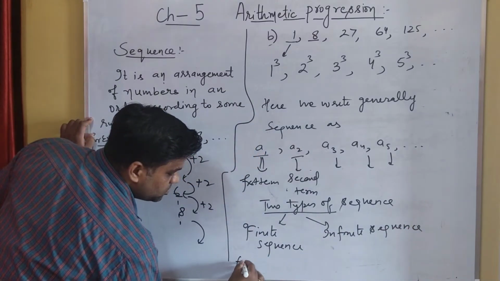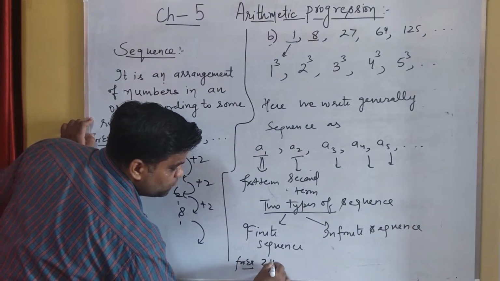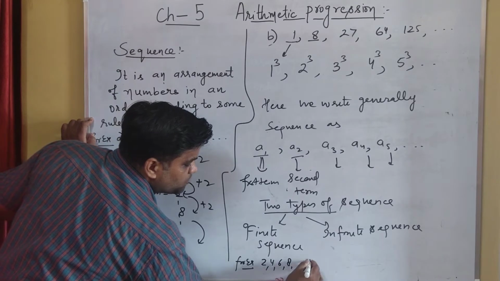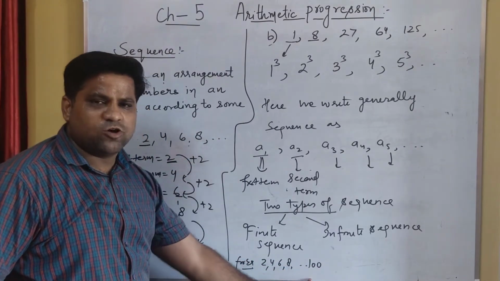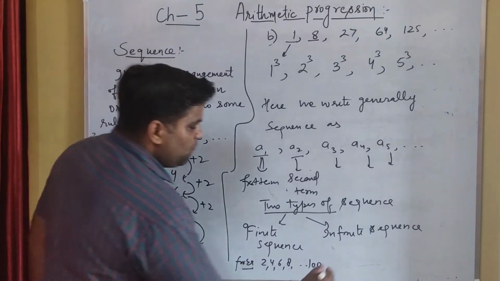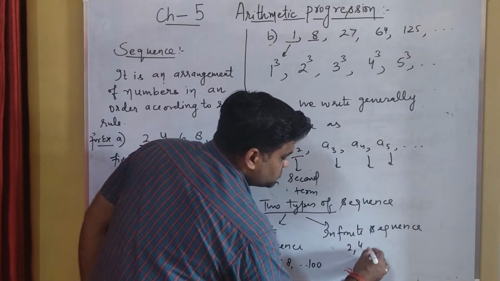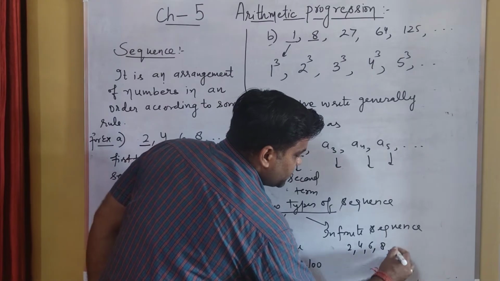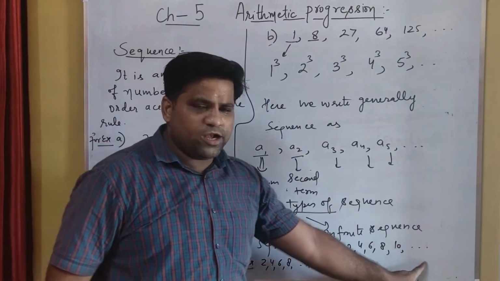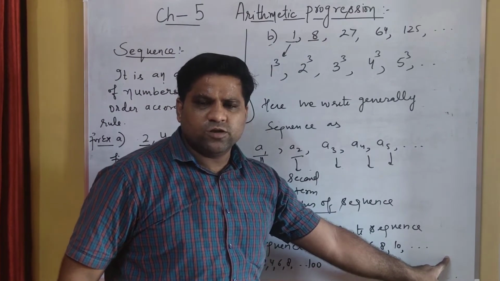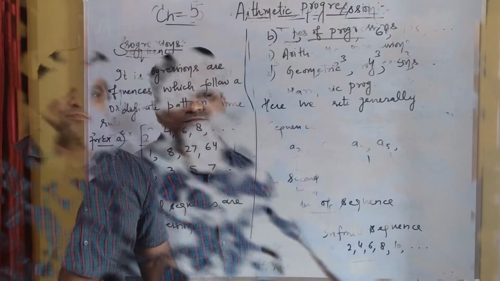For example, if we write 2, 4, 6, 8 up to 100, it ends at 100. So that's why it is called a finite sequence. When our sequence goes like 2, 4, 6, 8, 10 and so on, there is no ending. It means it continues. So it is an infinite sequence.